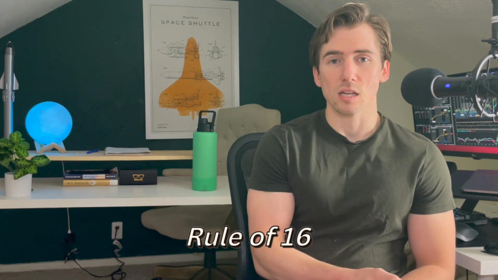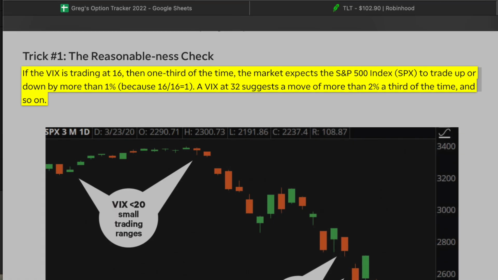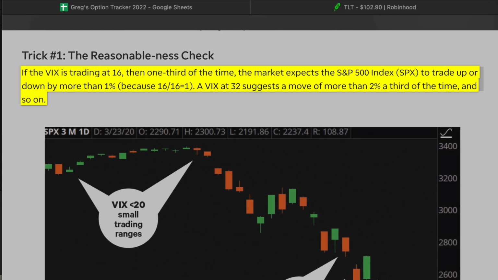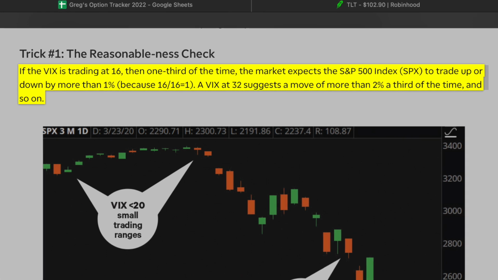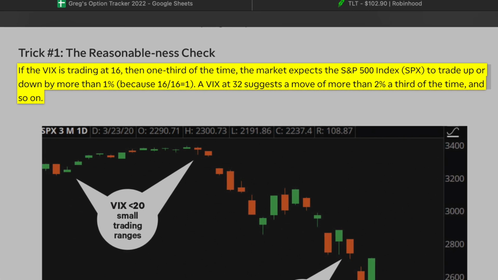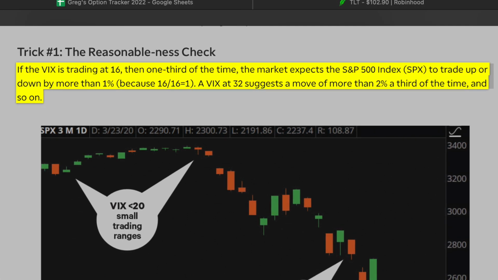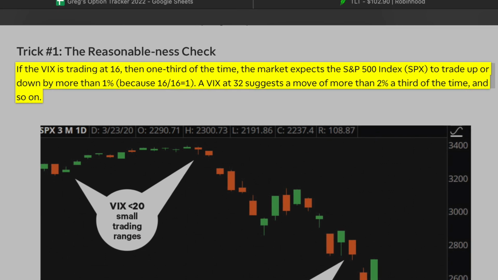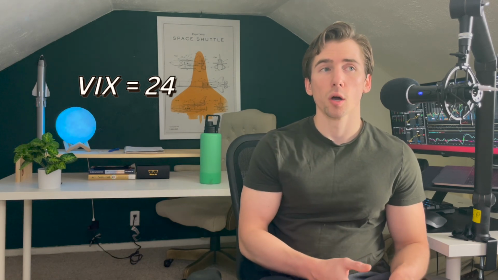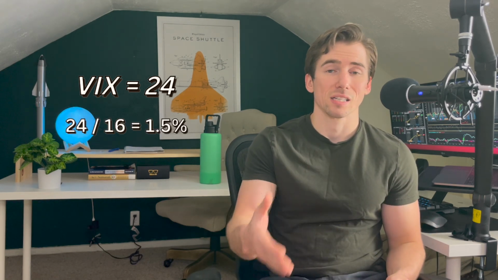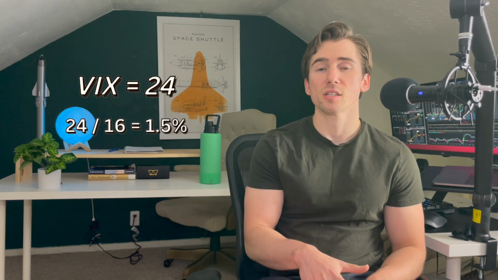So the rule of 16 states that the S&P 500 should only move by the number the VIX is trading at, divided by 16, once every 3 days based on one standard deviation. So this means if the VIX is trading at 24, we divide 24 by 16, we get 1.5%.